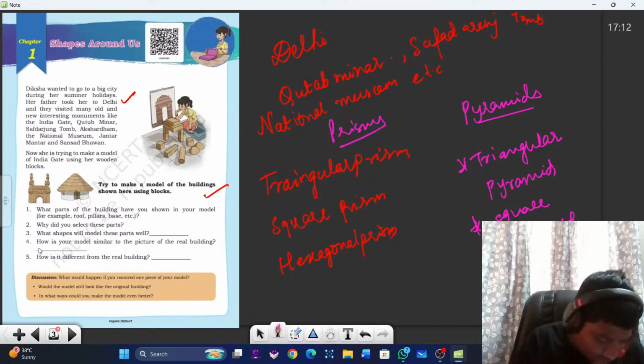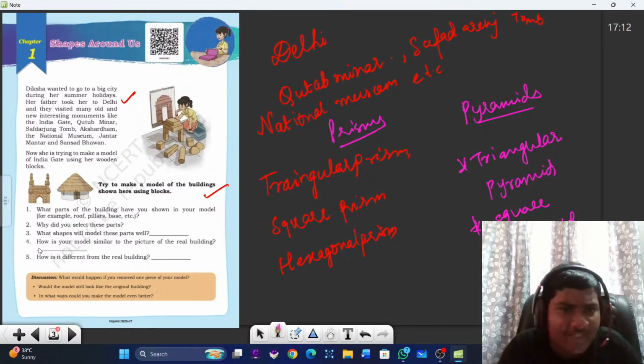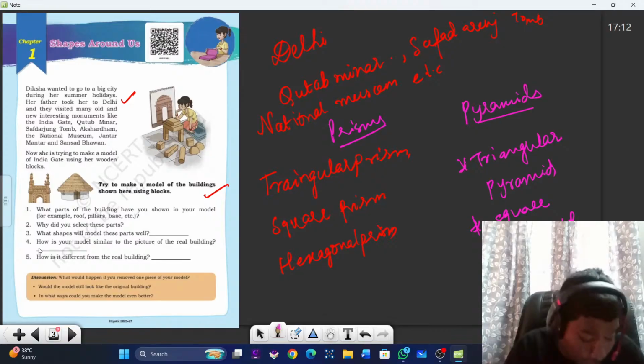Coming to the third question, the prisms one is done next. Fourth question. What will be the fourth question? Let us see here. How many such faces? How is your model similar to the picture of the real building?